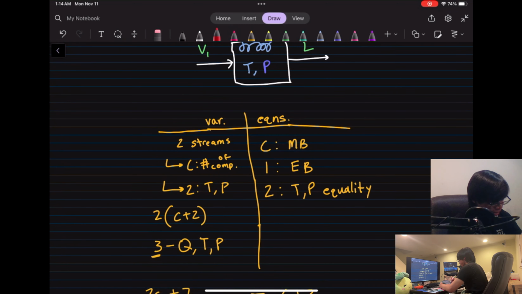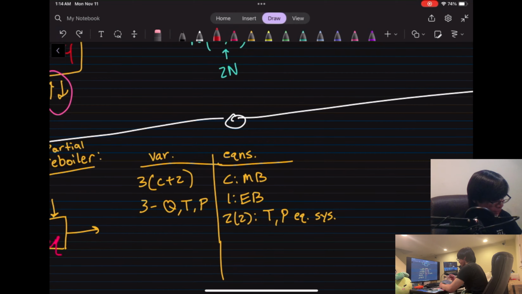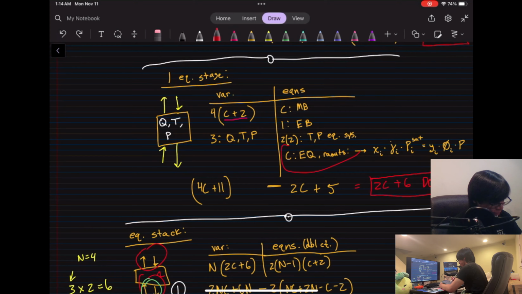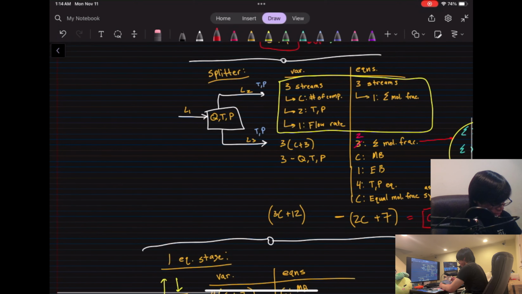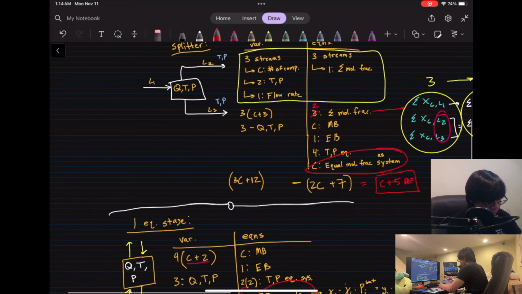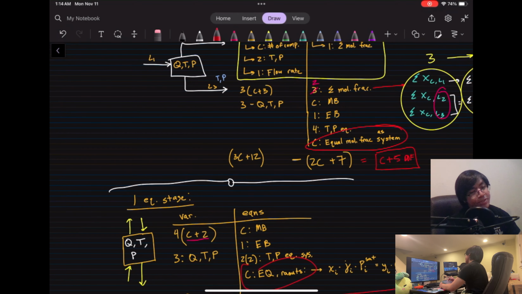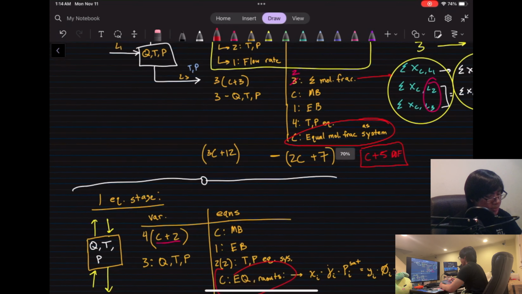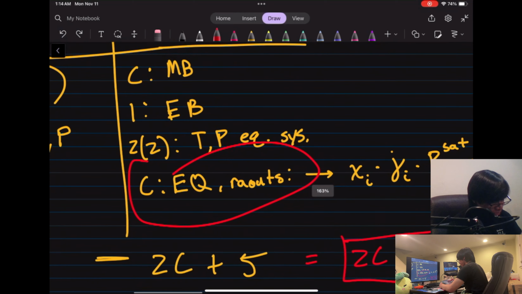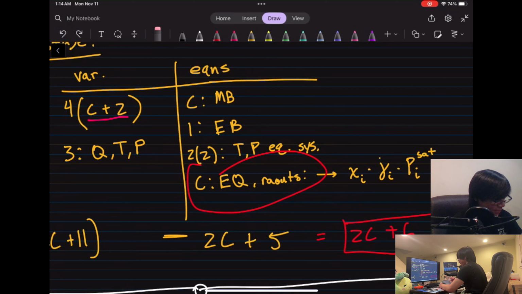Notice that there's not a second C associated with the equations here, but there is when we did the equilibrium. Now this is different from the second C we used for our splitter, since that was equal molar fractions that we're taking out that are the same as our system. This other C is the equilibrium. So Raoult's law.